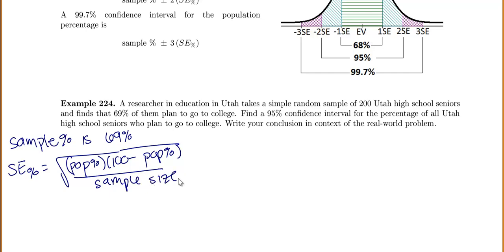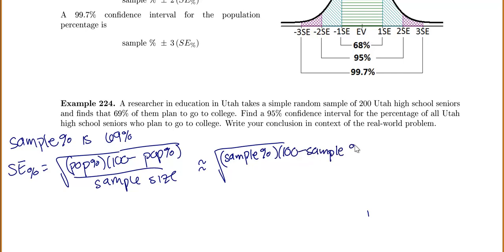But once again, I don't know my population percentage. All I know is my sample percentage. So we can estimate it using the sample percentage: our sample percentage times 100 minus the sample percentage, divided by the sample size.